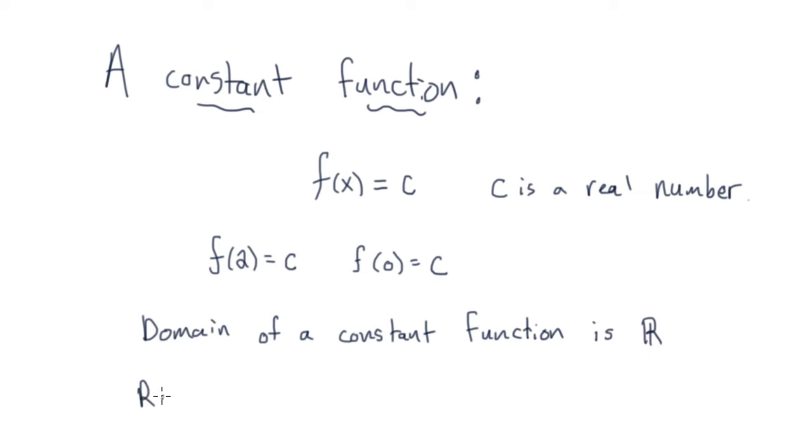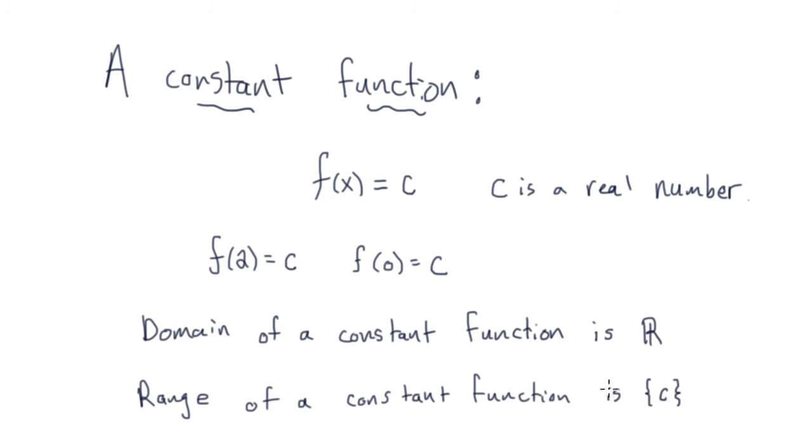And now the range of the constant function, the set of outputs, where there's only one output. So the range of a constant function is just the one number, c. And we can write that just as the set containing the number c.